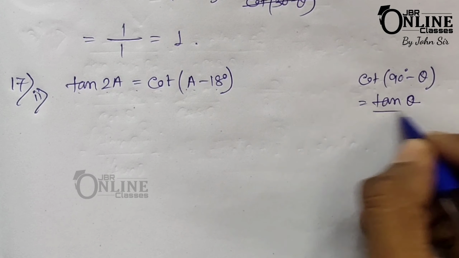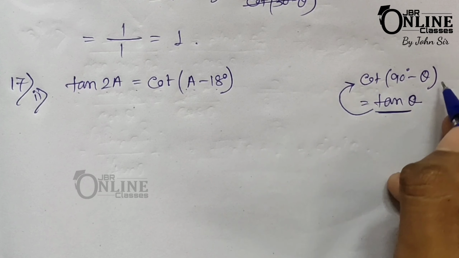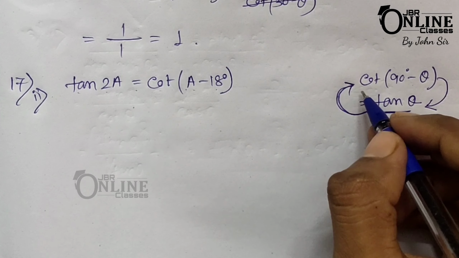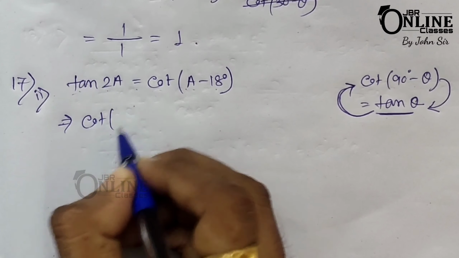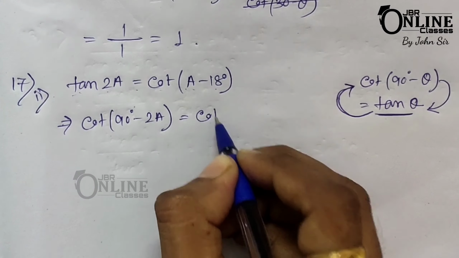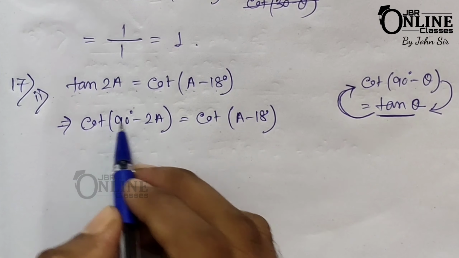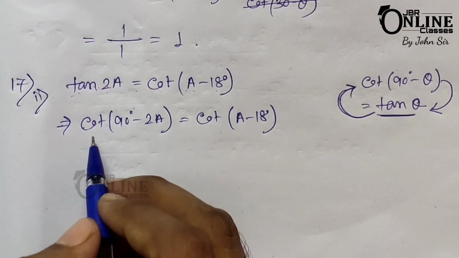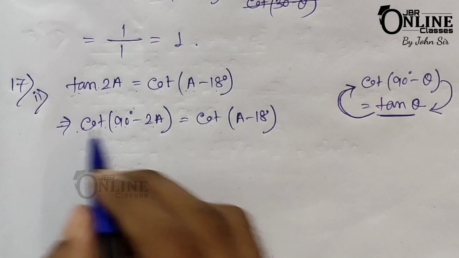So right here, for tan 2a you can write cot 90 minus 2a, and the right hand side is cot a minus 18. Now on both sides there will be cot.